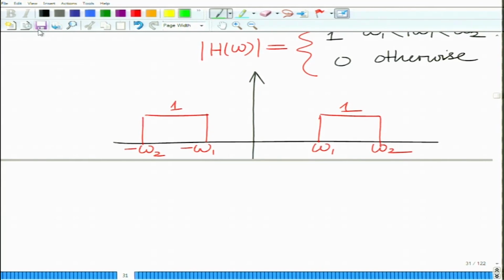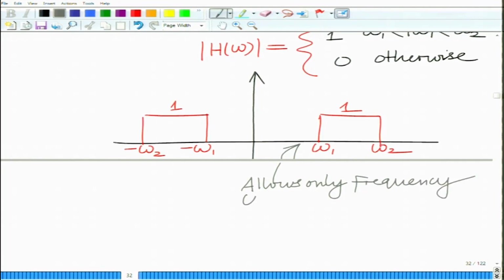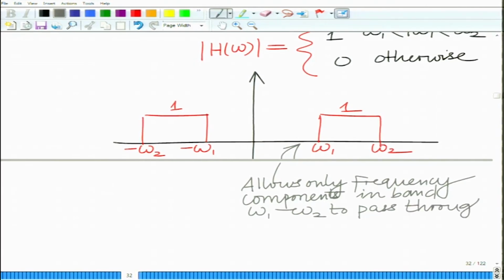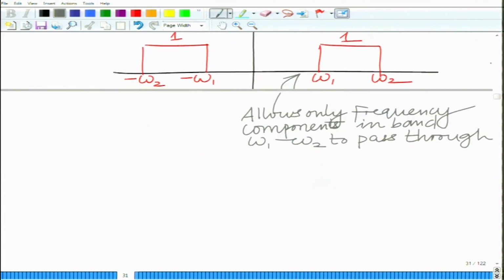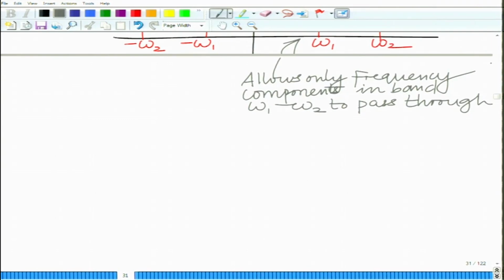So, what this does is it basically allows only frequency components in the band omega 1 to omega 2 to pass through, and this is also known as the pass band, that is omega 1 to omega 2. Okay.